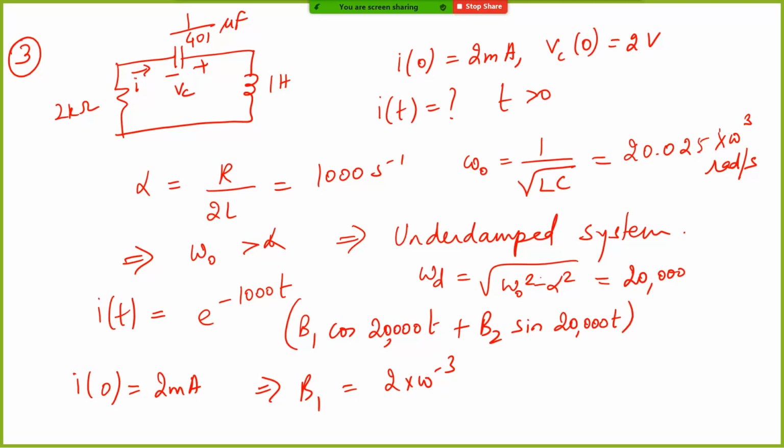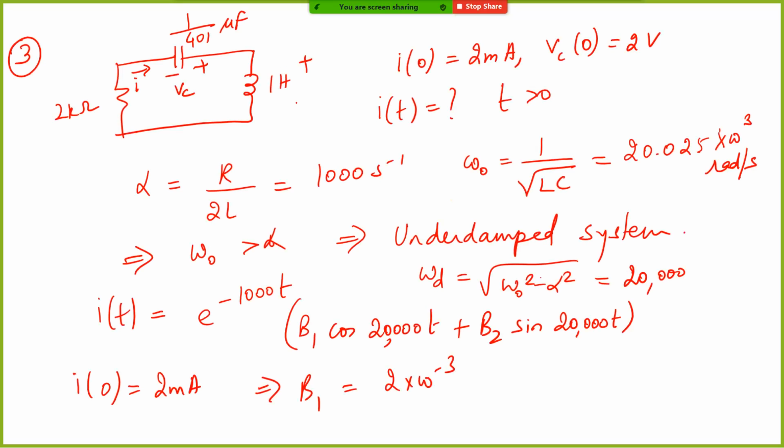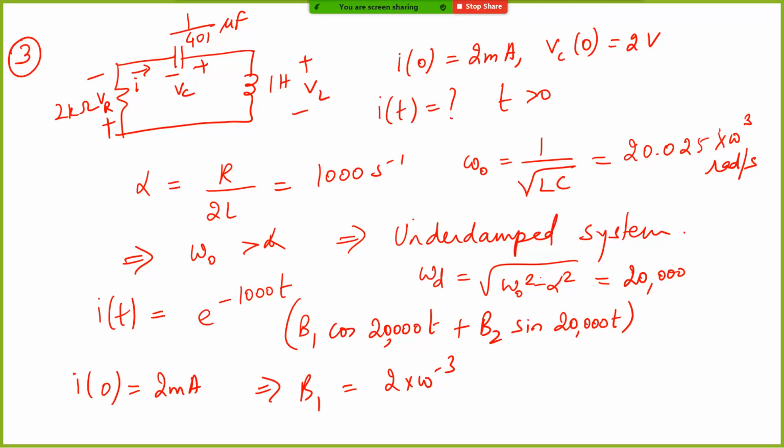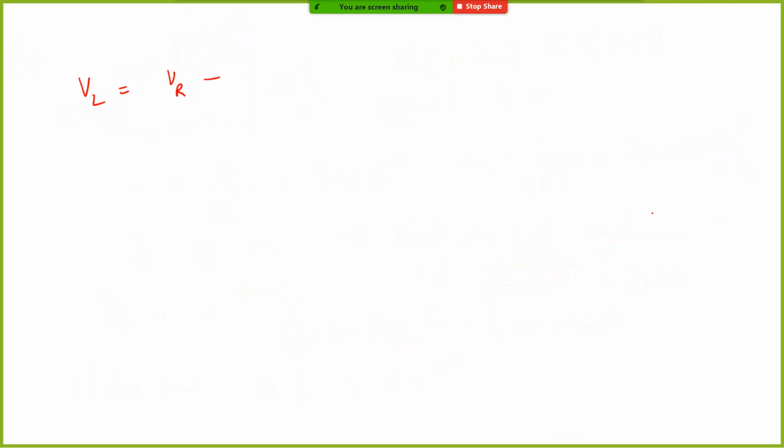And if you take di by dt, L di by dt, I'll just give you the overall view. Right? So here this is VL, VC, and let's say a current is flowing like this, the direction of VR. Okay. So VL can be written as VR plus, and this is in the opposite direction, correct?